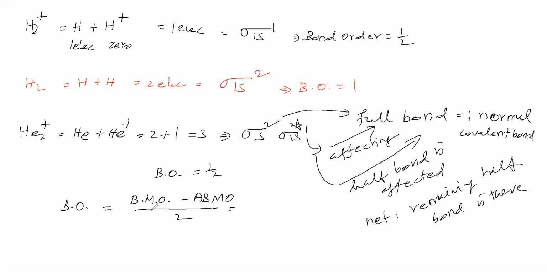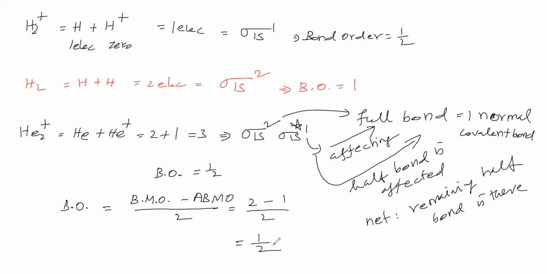Now we substitute. The bonding molecular orbital contains 2 electrons, the anti-bonding molecular orbital contains 1 electron, so (2 minus 1) by 2 is equal to 1 by 2. The anti-bonding electron affects the bonding molecular orbital electrons. So He2 plus has a bond order of 1 by 2, that is 0.5.